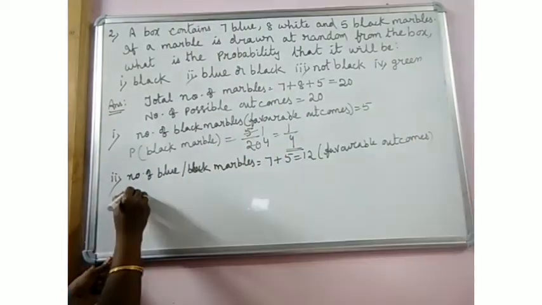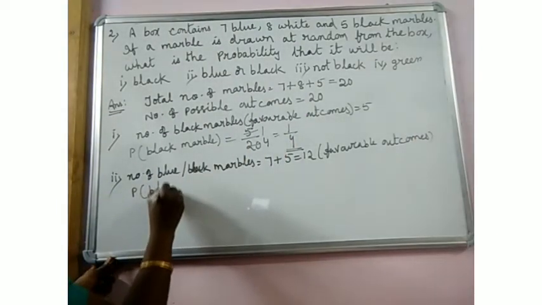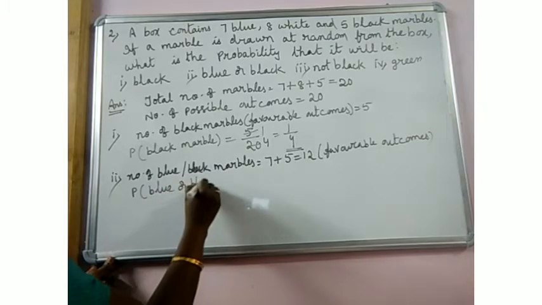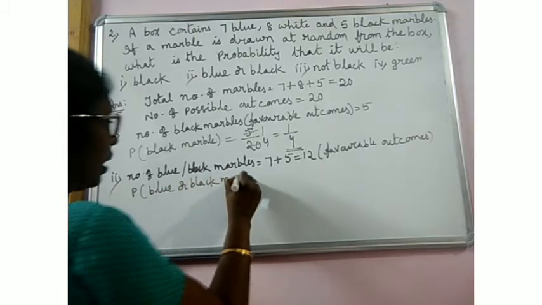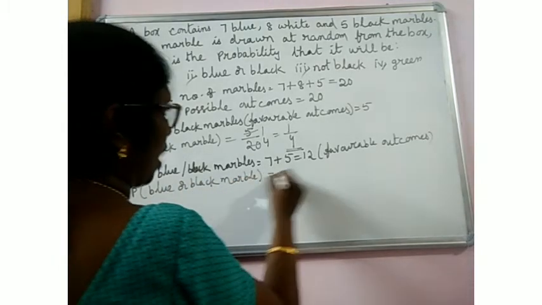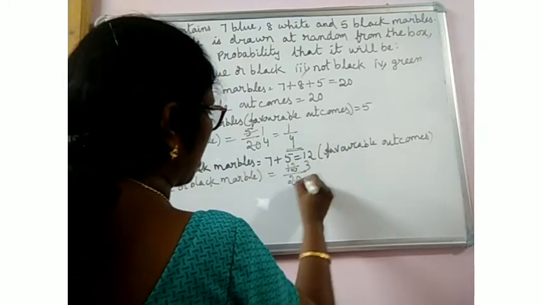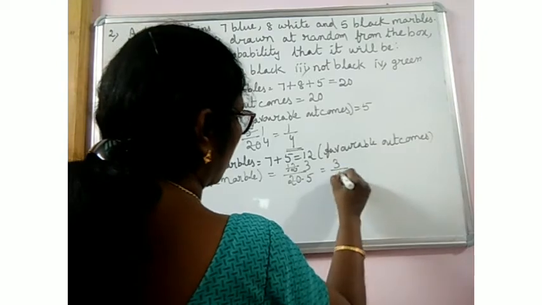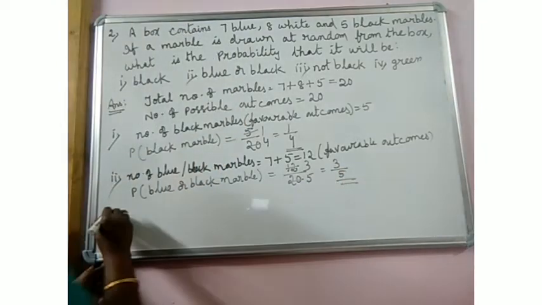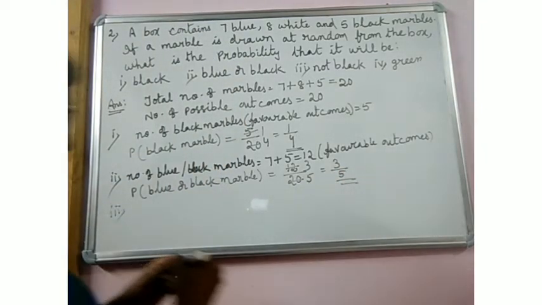So probability of getting a blue or black marble is equal to number of favorable outcomes 12, possible 20. 4 threes are 12, 4 fives are 20. So the answer is 3 by 5.